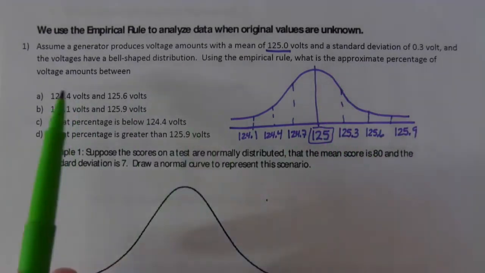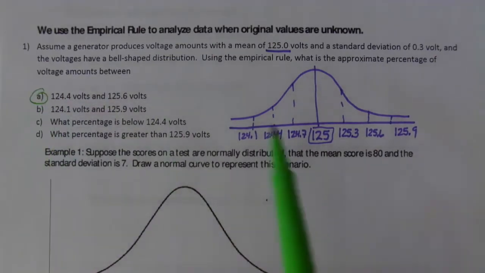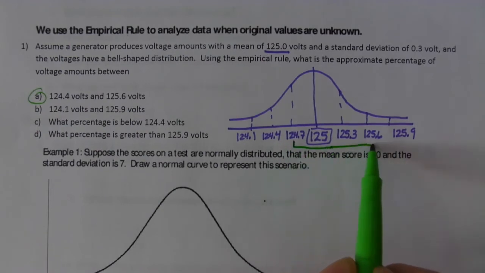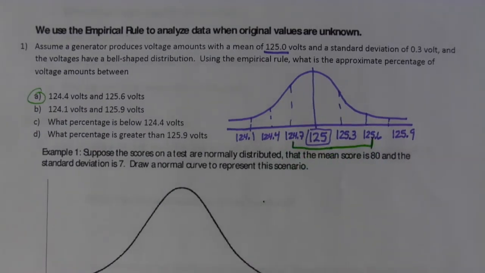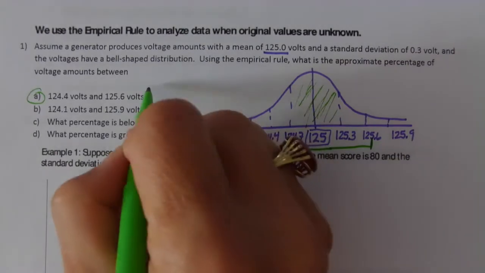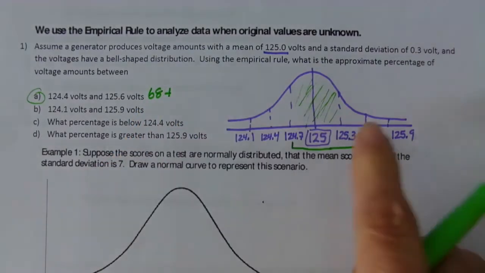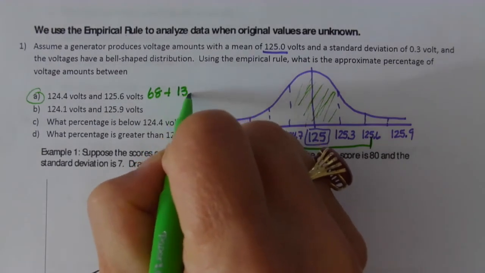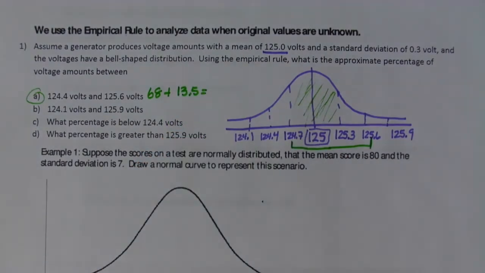What is the approximate percentage of voltage amounts? Okay, so for A, between 124 and 125.6. How much is that? Well, this much is what? 68? Plus this little bit, how much is that little bit? 13.5, right?